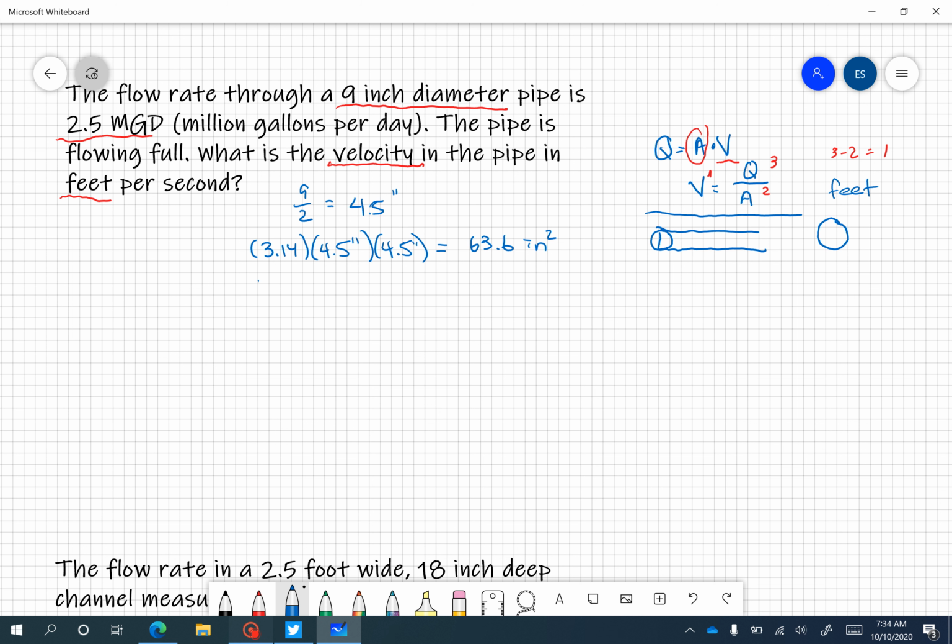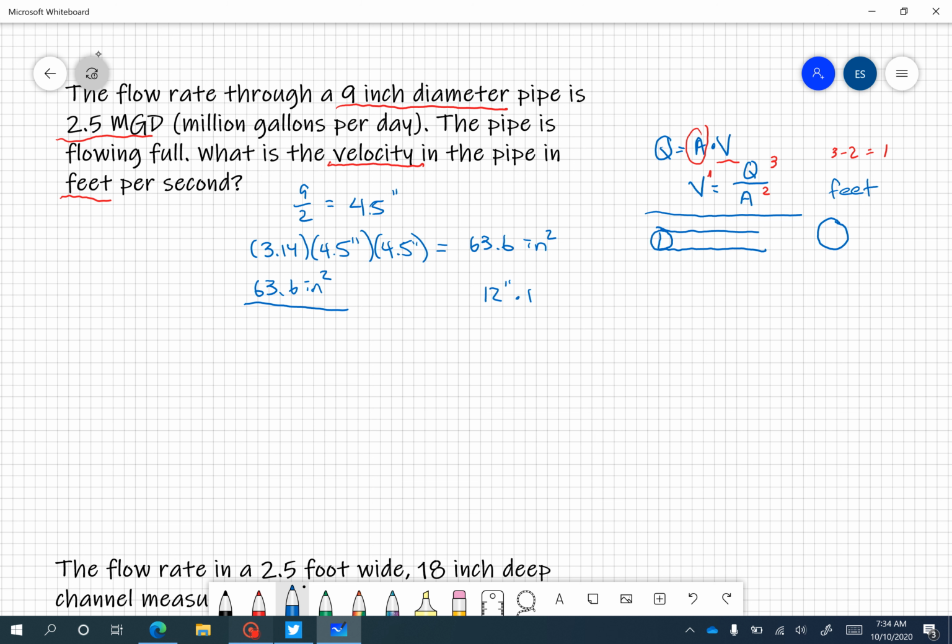I know there are 12 inches in a foot, so 63.6 square inches, but I'm not converting it into feet, I'm converting it into square feet.